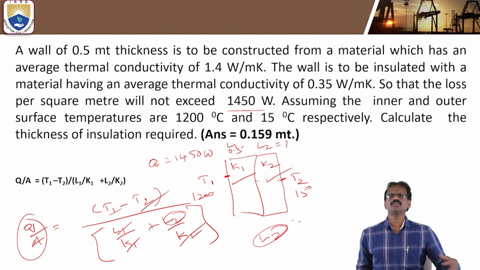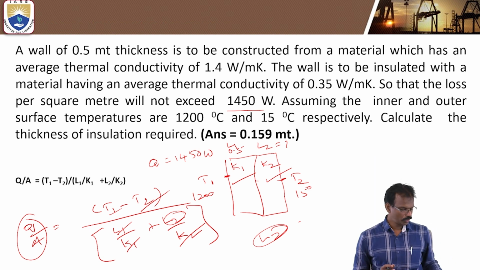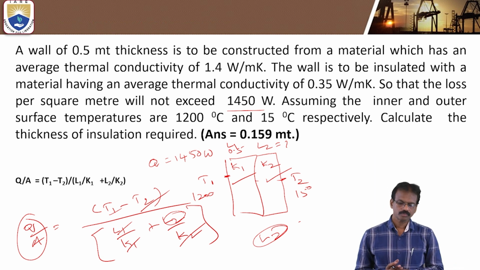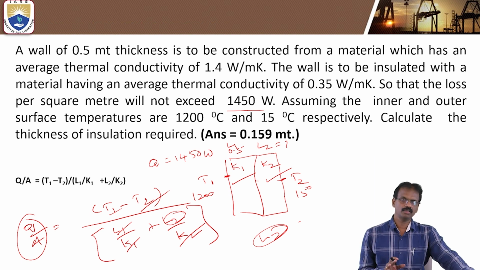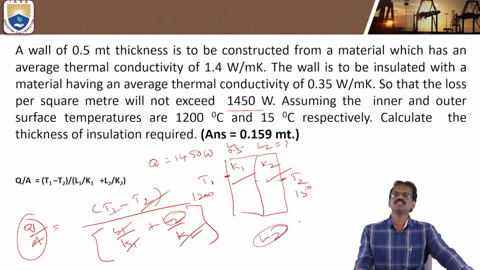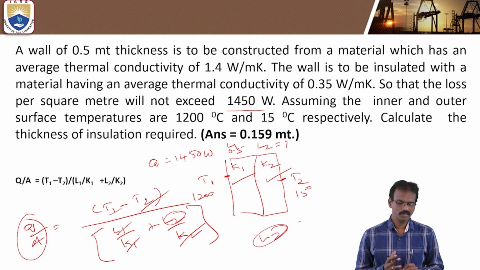So in this way, we can solve the different numericals which are based upon the conduction of slabs and cylinders. So here we discussed a few numericals which are based on one-dimensional heat conduction in the slab and one-dimensional heat conduction in cylinders, next to one-dimensional heat conduction in different layers of slabs.